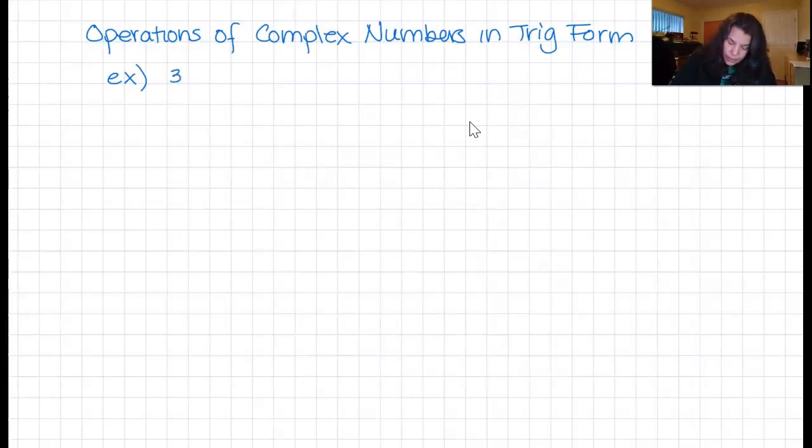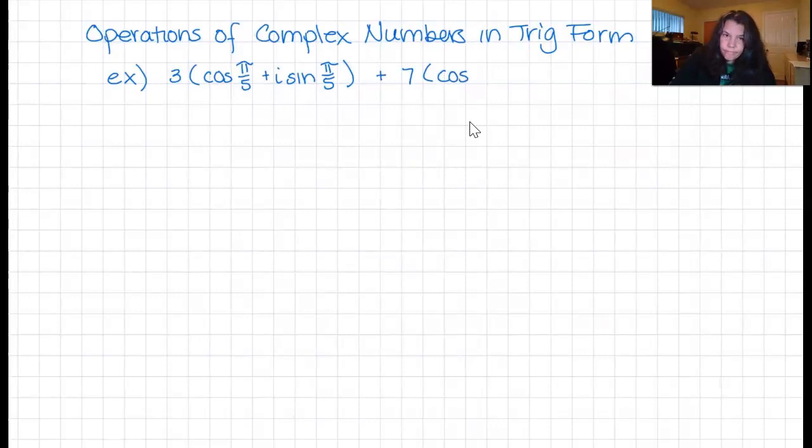So if I have 3 times cosine pi over 5 plus i sine pi over 5, plus 7 cosine pi plus i sine pi.